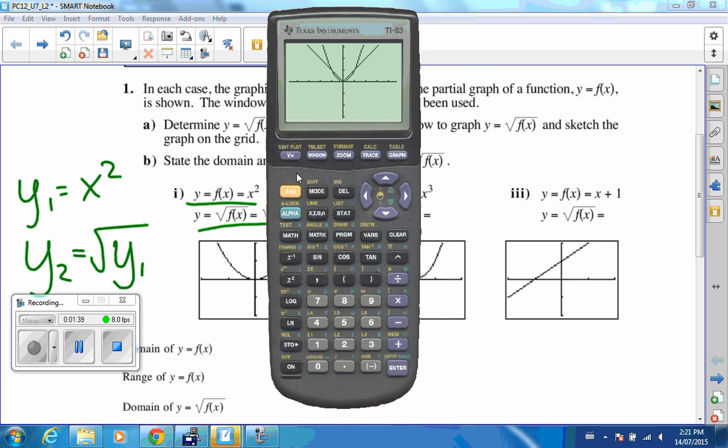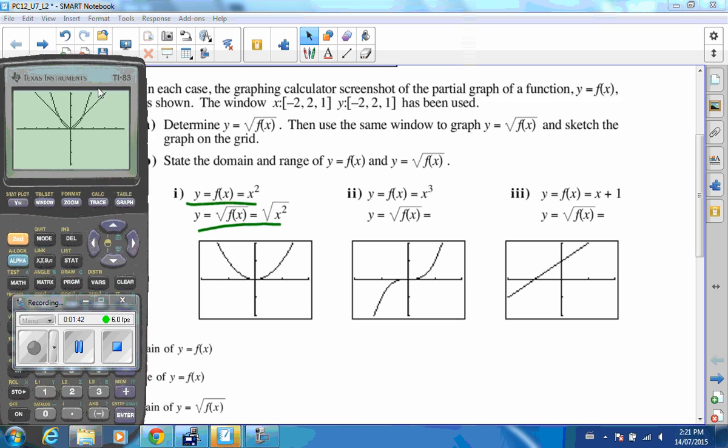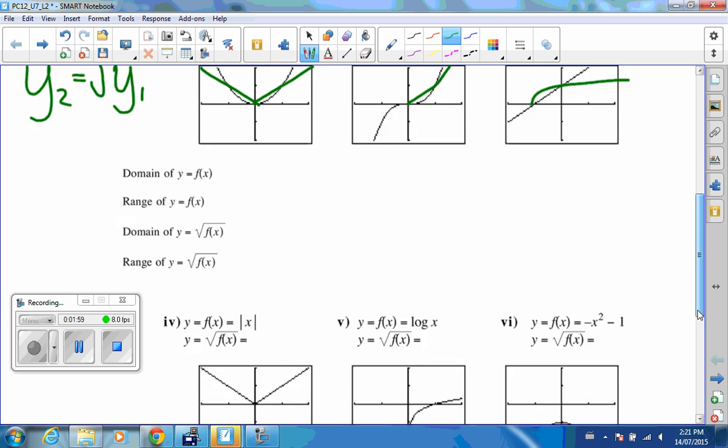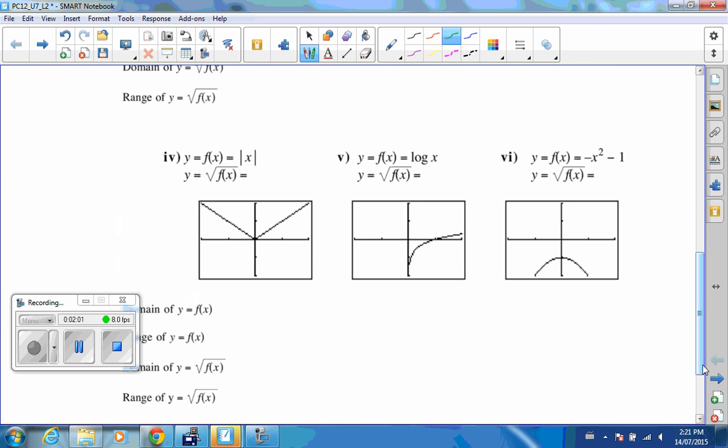So if I'm zoomed in like that, what I can see happening is that my square root transformation basically does this in that case. In this case, it's going to look kind of like that. In this case, it's going to look like this, or it should have. This is going to look like this, little McDonald's arch sort of thing. This is going to start at that point and then kind of go up.